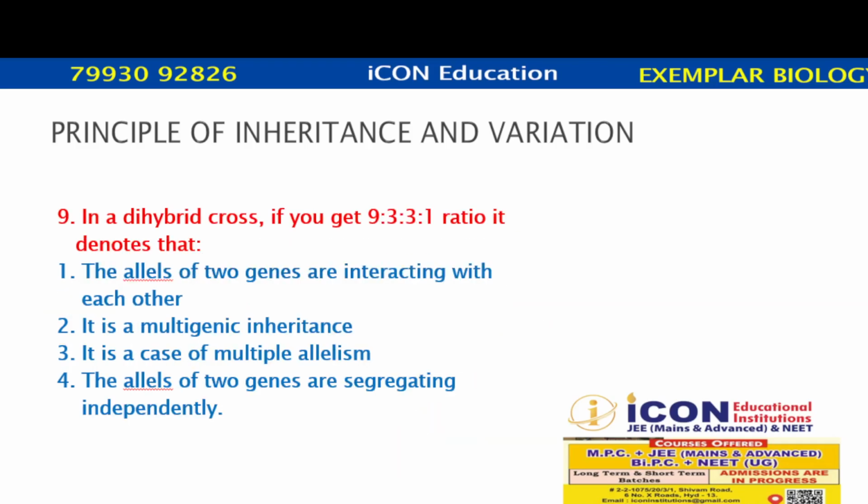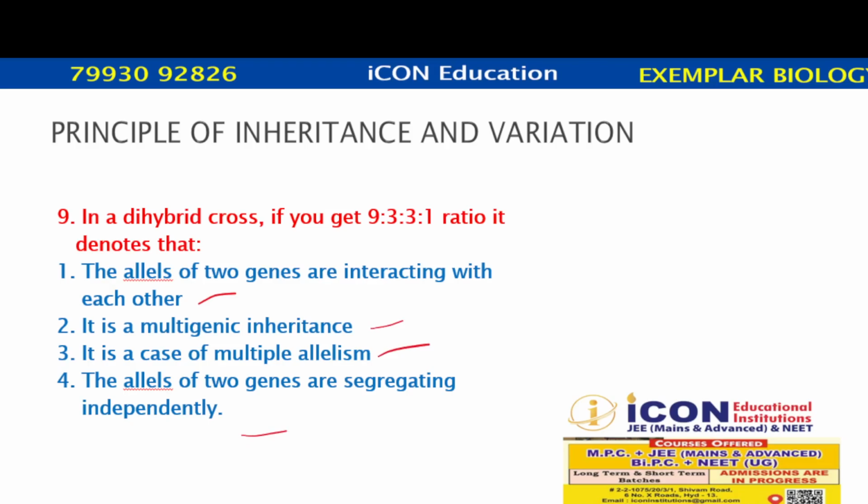In a dihybrid cross, if you get a 9:3:3:1 ratio, it denotes that alleles of two genes interact with each other; it is a multigenic inheritance; it is a case of multiple allelism; the alleles of two genes are segregating independently.